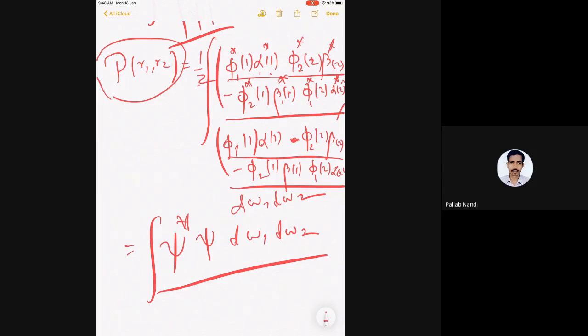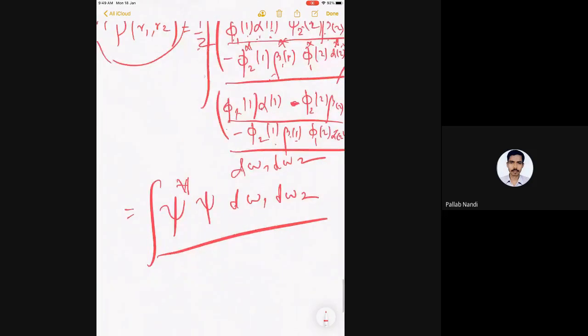Correct? Beta star beta 2 is 1. So only what will remain is phi 1 star phi 1, phi 2 star phi 2. Once I go to this term, then alpha 1 beta 1 will become 0. Beta 2 alpha 2 will also become 0. So it will not survive because of spin. I do the same thing, exactly the same thing will happen. Cross will not survive. This will survive with this.